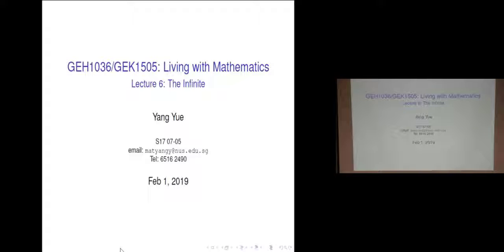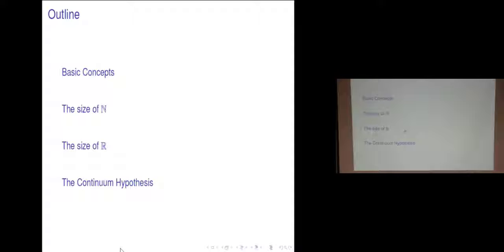So anyway, today's topic is actually quite interesting. It's about infinity. Here's the outline. I'll say something about the basic concept of infinity, and then we'll talk about some specific infinite sets, for example, the set of natural numbers, and then we look at the set of real numbers.